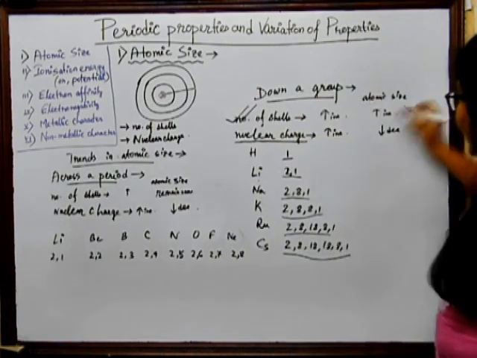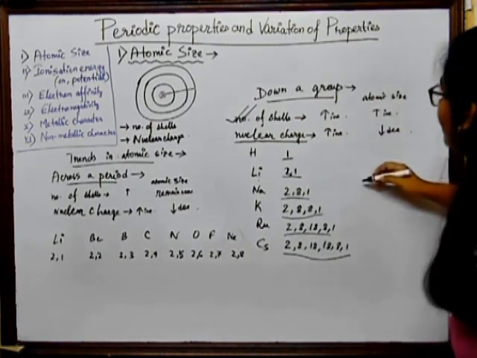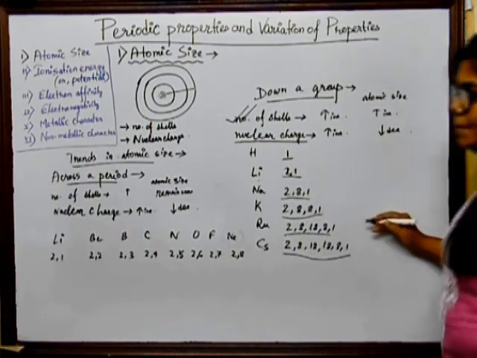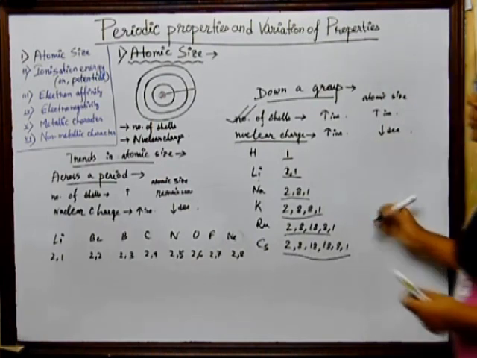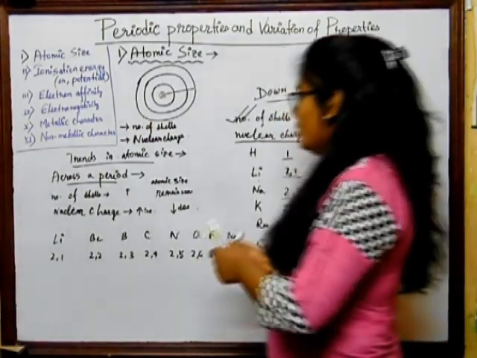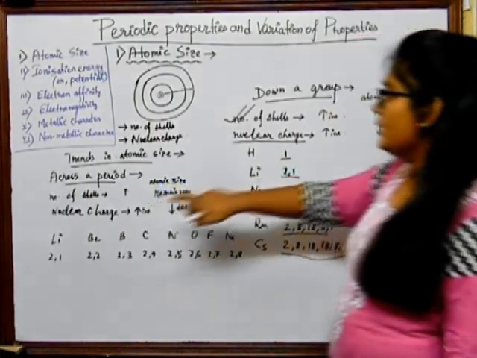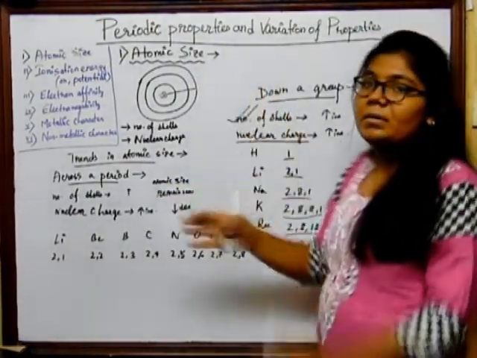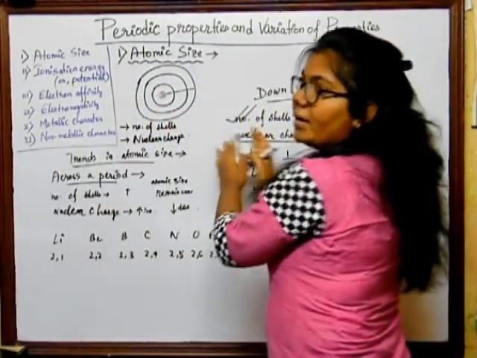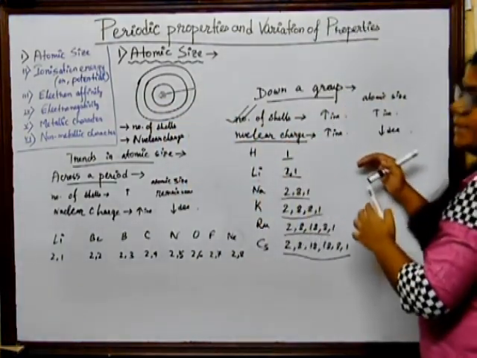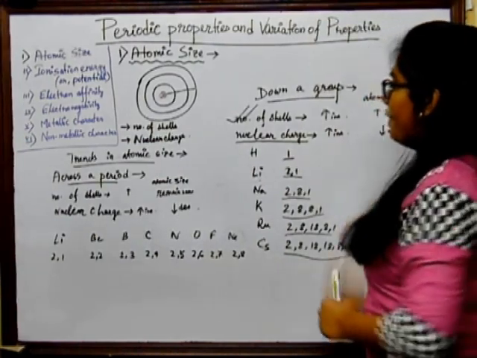So down the group, the atomic size will keep increasing. So across a period the atomic size from left to right keeps decreasing, and down a group the atomic size keeps increasing.